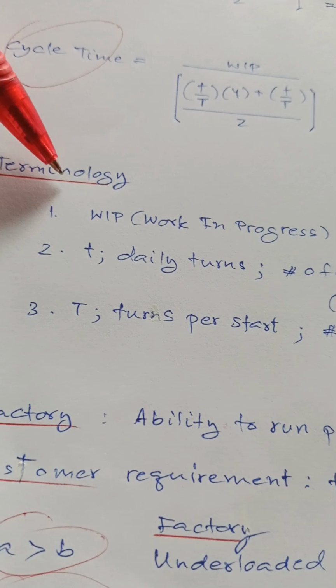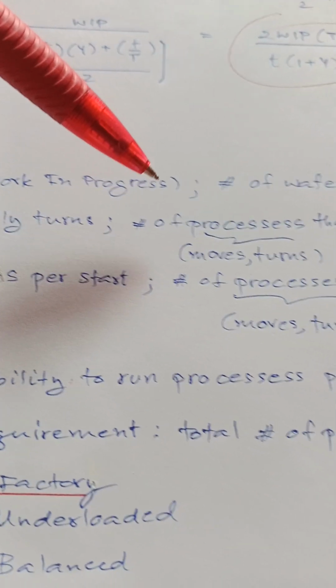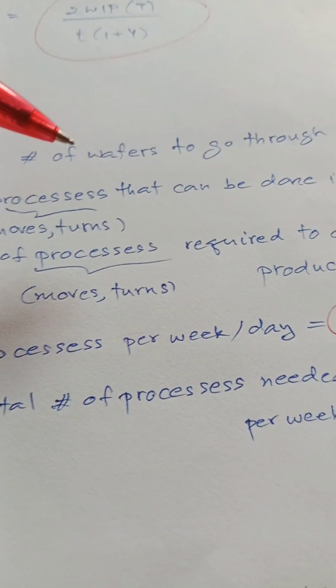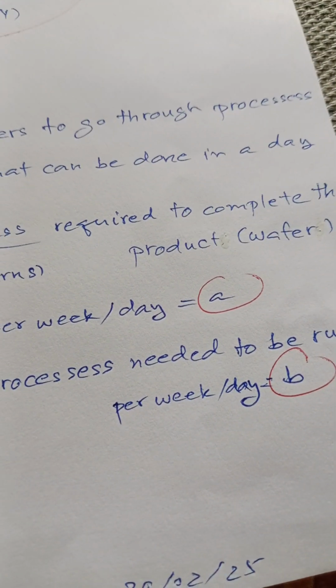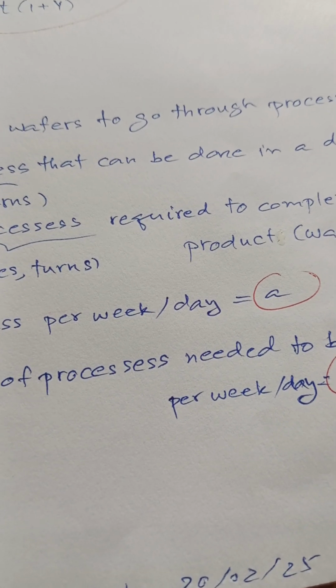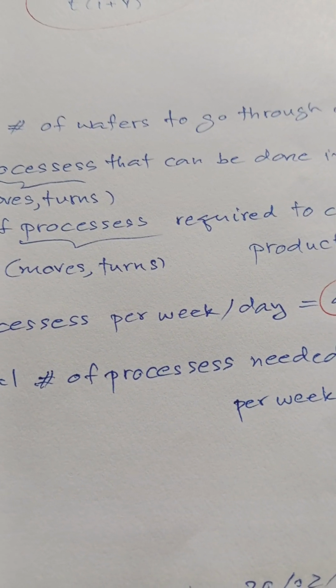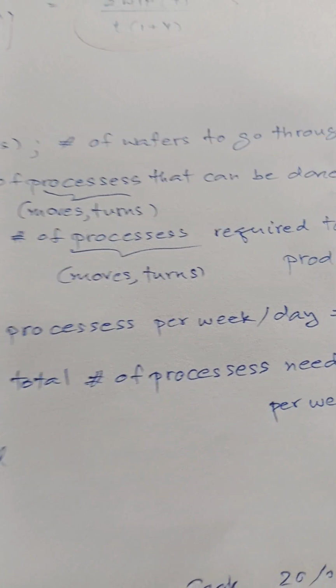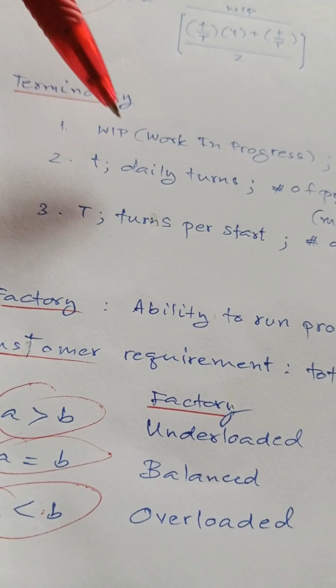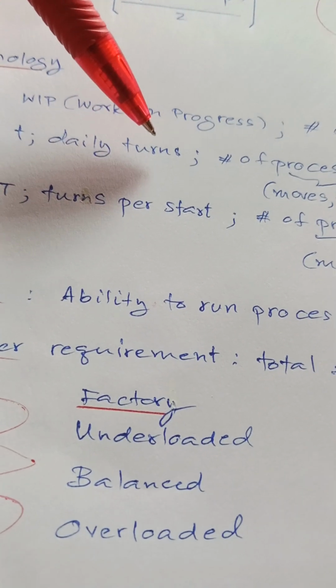Now let's repeat this again. Terminology: WIP means work in progress, or number of wafers to go through processes. You're looking for the chip on the wafer, right? So how many processes, how many moves, how many steps you have to go through. The lowercase t, that's the daily turns.